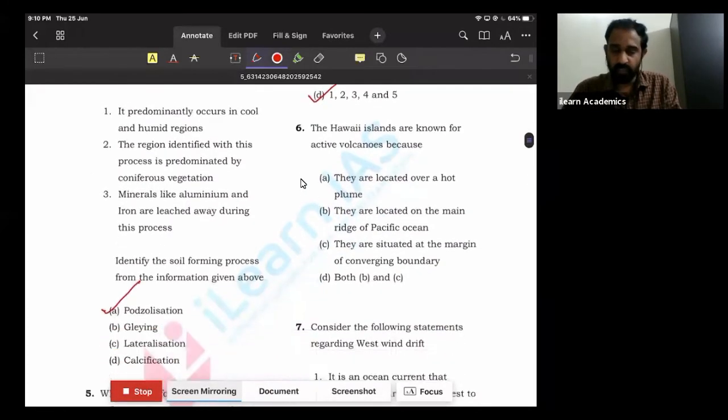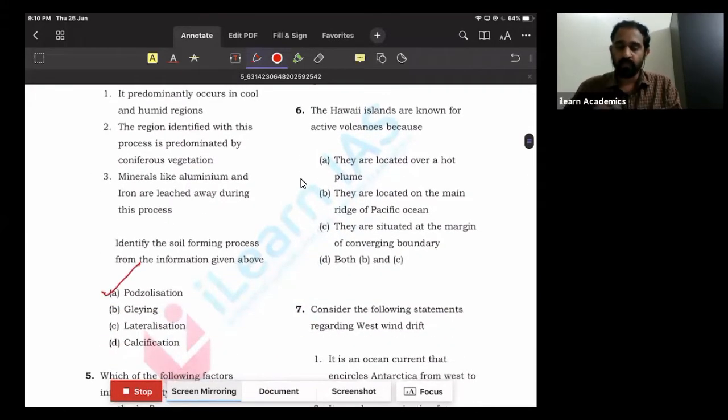So next question is about Hawaiian Islands. The question is, Hawaiian Islands are known for active volcanoes because, so you have to identify the reason for the presence of active volcanoes in Hawaiian Islands.